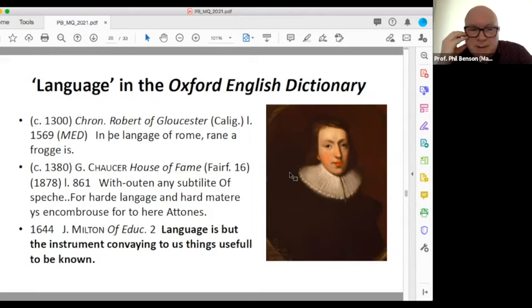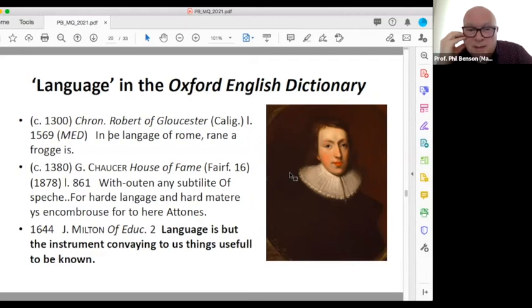But in this last quote, which is the one I'm interested in, by John Milton, the poet who wrote Paradise Lost, in a short, he was a schoolmaster before he was a poet, and he wrote a treatise on education. And in there he wrote that language is but the instrument conveying to us things useful to be known.